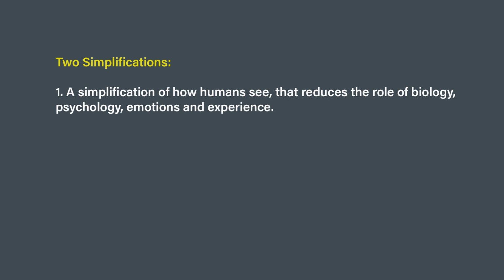There's an allure to saying that these machines see the way that humans do or are inspired the way that a human is. And I think it's partly shaped by two simplifications. The first is the simplification of how humans see.